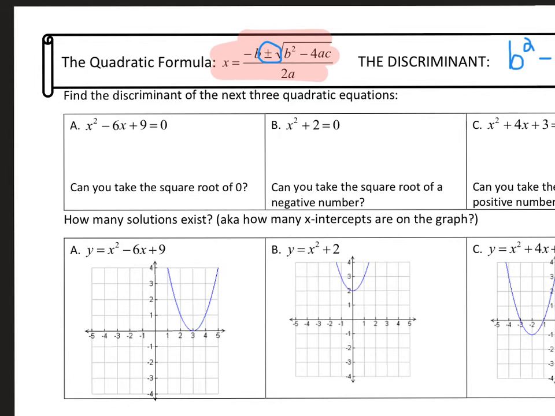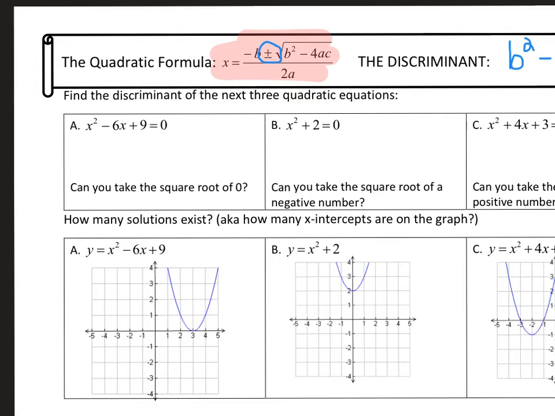We're simply finding the discriminant. But if I were trying to solve this, just for fun, I would factor the x squared minus 6x plus 9 into x and x, and two things that multiply to 9 but add to negative 6. That's minus 3 and minus 3. And the only solution to this one is 3. And so this one has one x-intercept, or one solution.